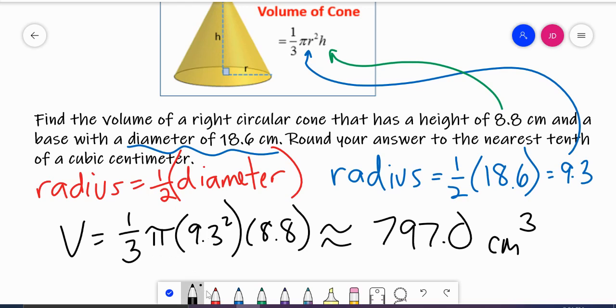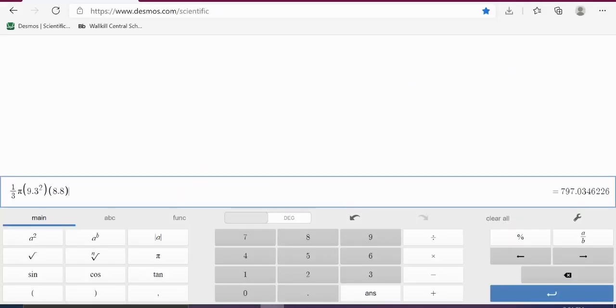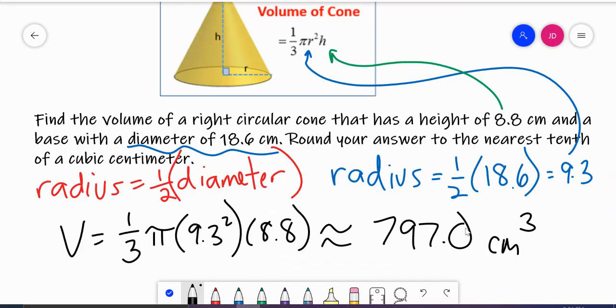If I wanted it in terms of pi, let's take the pi out. Would that be a nice number? Not really, so I'm just going to leave it in terms of pi. So there is my answer to the volume of a cone.